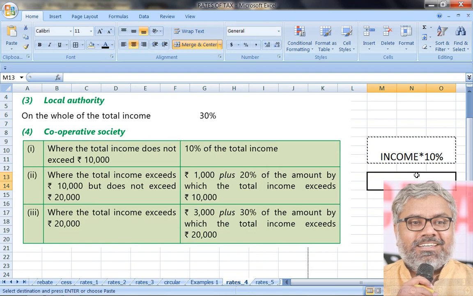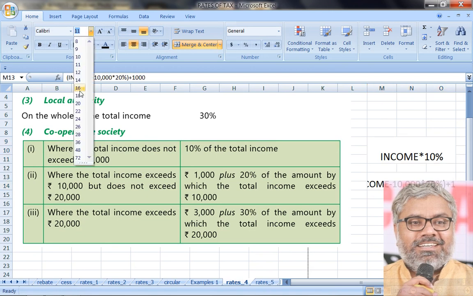Then how do we calculate? Income minus 10,000 into 20%. This is on one side. Income minus 10,000 into 20% plus 1,000 already, which is there in relation to the earlier slab.